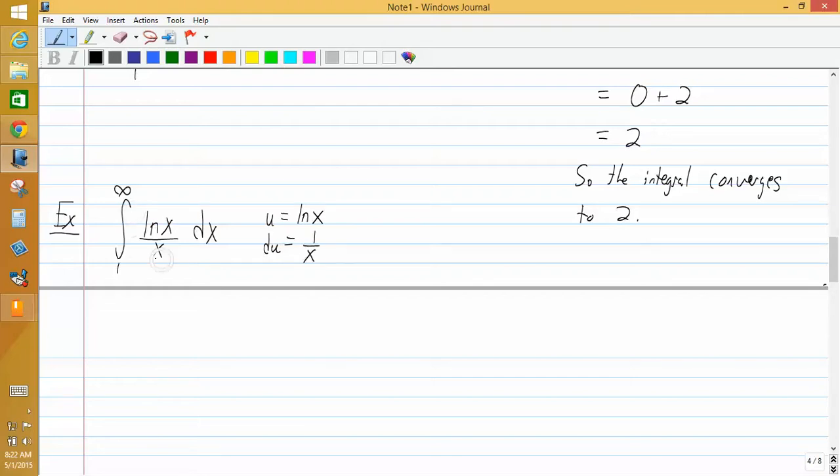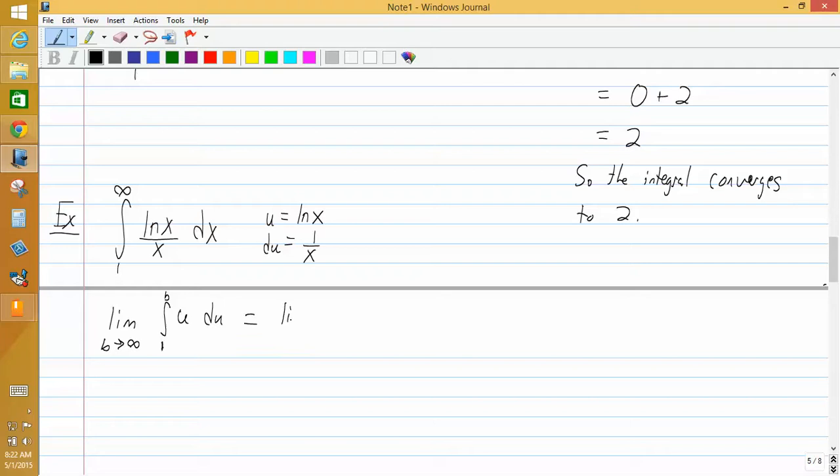I have a 1 over x present. So that means this is actually just the integral of u to the first power. So I'm going to write the limit as b approaches infinity of the integral from 1 to b of u du.